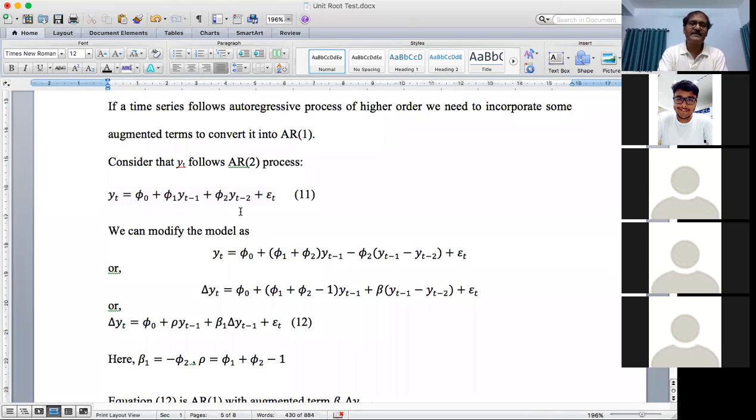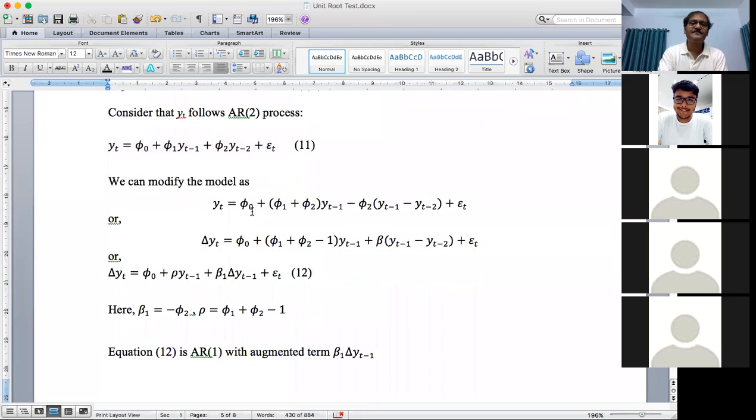How to convert it? For this, we need a simple manipulation. Just try to understand this step. We have AR2 in equation 11: Yt is equal to phi naught plus phi 1 Yt minus 1 plus phi 2 Yt minus 2 plus epsilon t. Now we are manipulating this relation in this way.